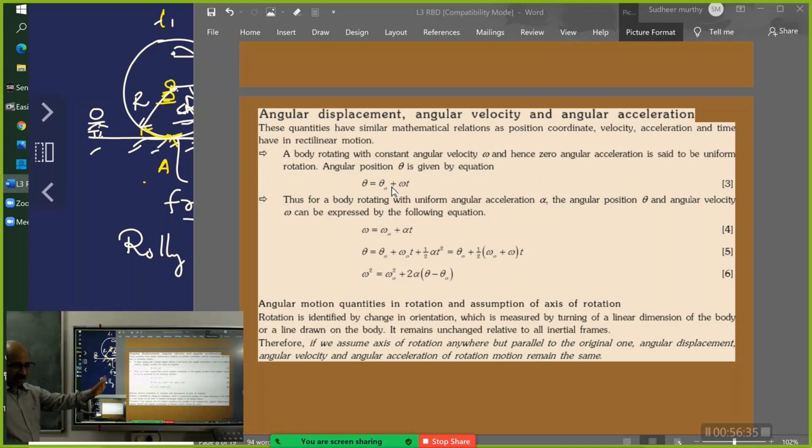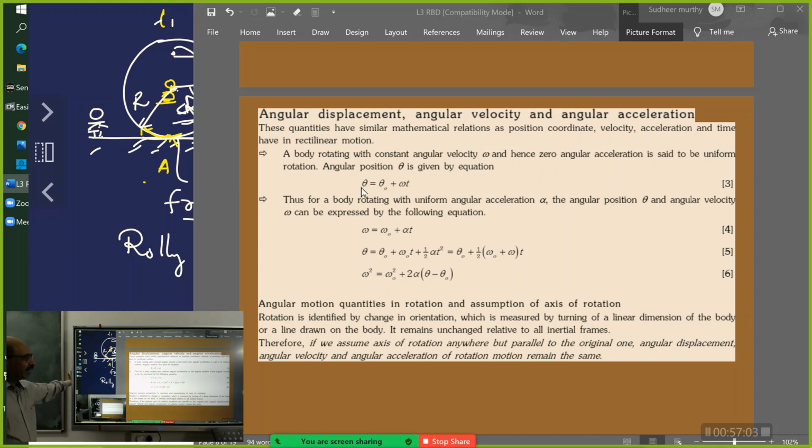If I say velocity v, then what is the displacement of the particle? Initial displacement plus the displacement in the time interval t. Now it is angular displacement. Theta is equal to theta naught, the initial displacement at time t equal to 0, and it is moving with angular speed omega, and therefore theta is equal to theta naught plus omega t.